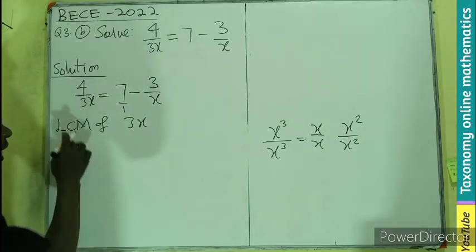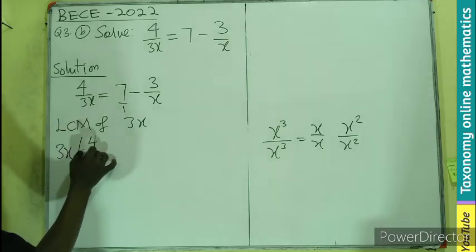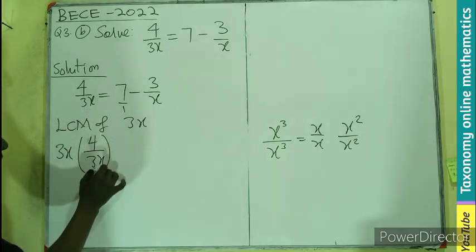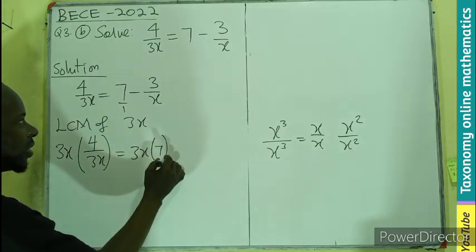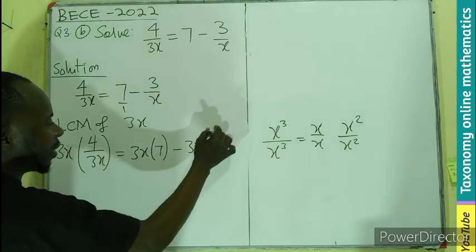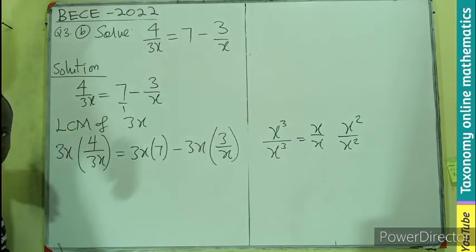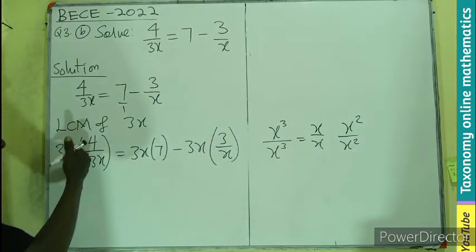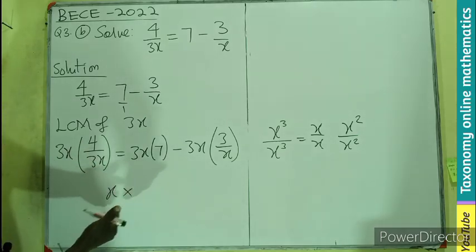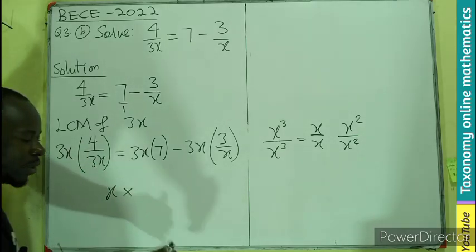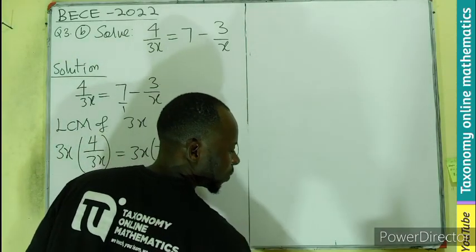We multiply each of the terms. So here, 3x times 4 over 3x equals 3x multiplying 7 minus 3x multiplying 3 over x. I'm using the bracket because I'm having x. The x and this might look the same. This is multiplication, so we use the bracket not to confuse ourselves.